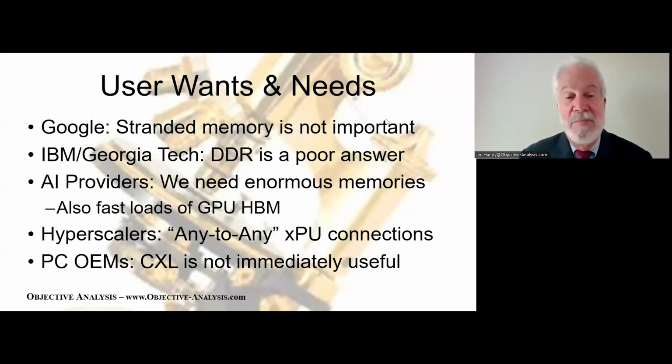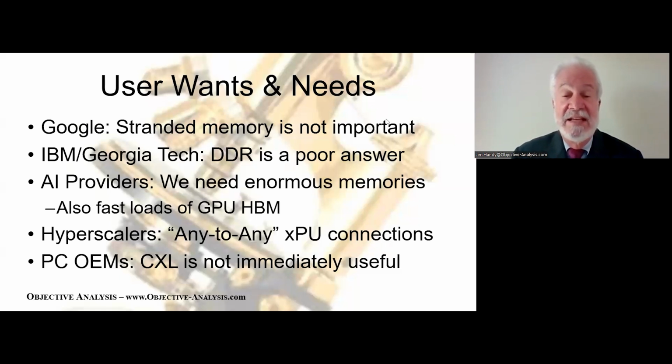So it's a huge amount of memory that you can add. And so they're all very excited that they'll be able to put significantly more memory on. They're probably going to put it on along with all the memory on the regular DDR memory channels. But also the AI providers use an awful lot of GPUs, and they want to be able to load the HBM on those GPUs faster, and CXL allows them to do that.